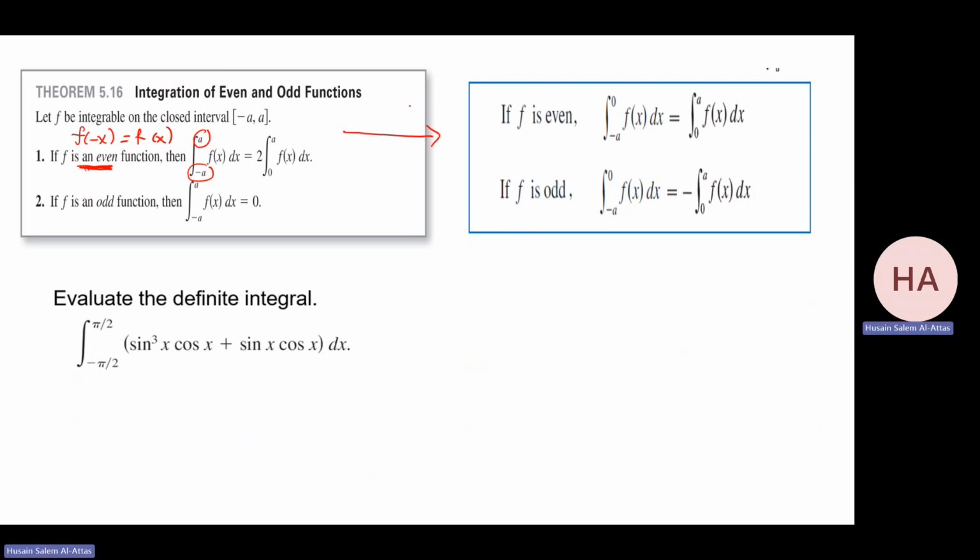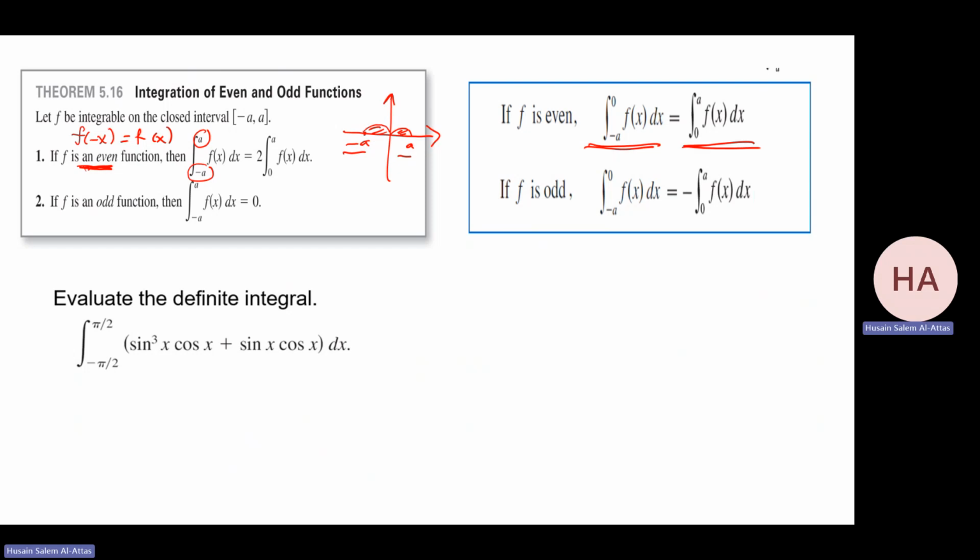Even means it's symmetric about the y-axis. So if you have a function here, you have the same function here. So from minus a to a, since this is the same as this, it means minus a to a will be 2 times from 0 to a. In other words, minus a to 0 is the same as 0 to a. This is for the even function.